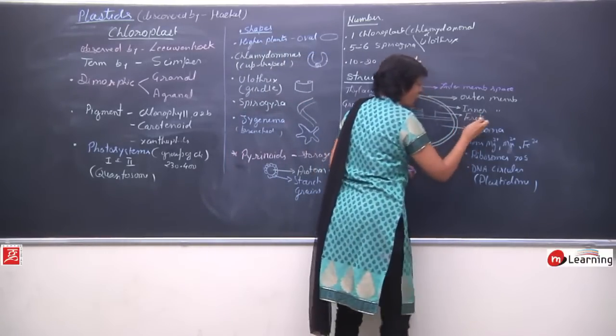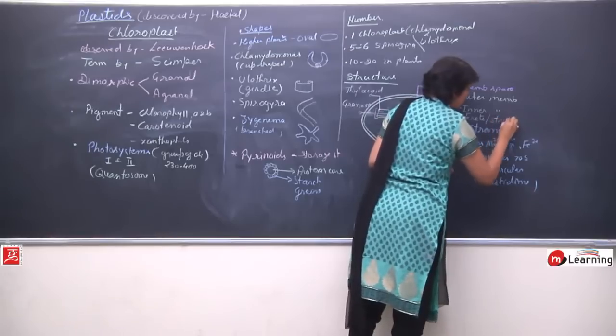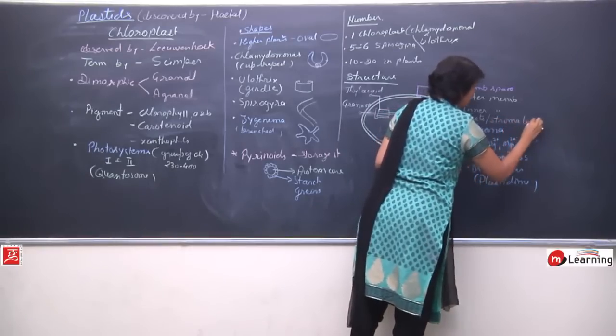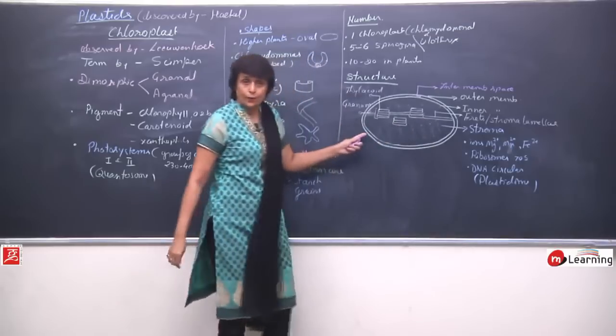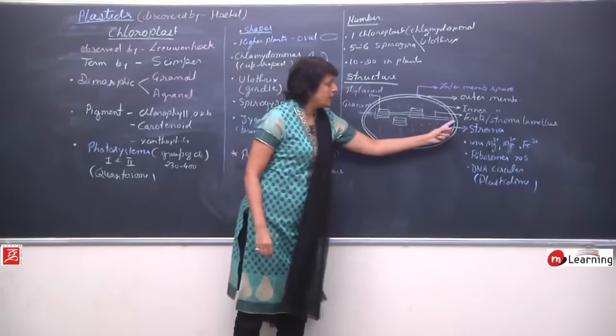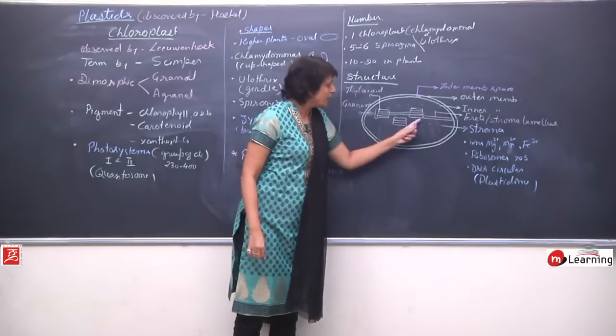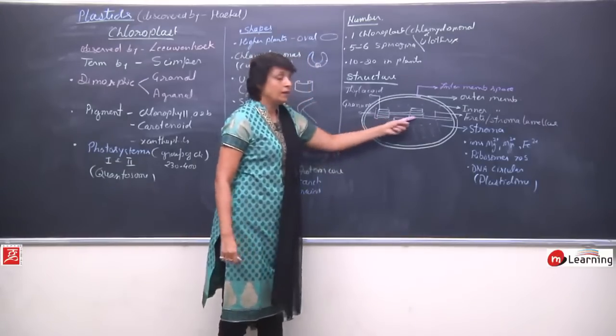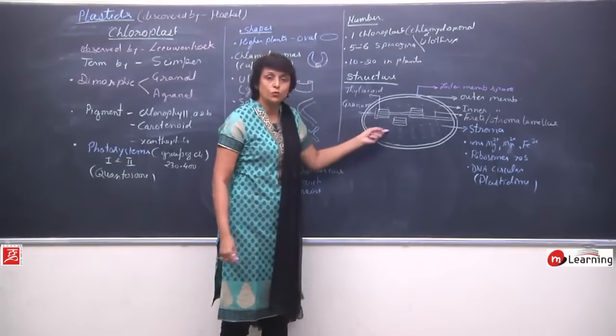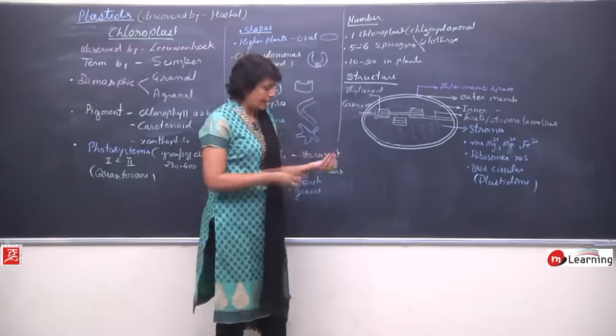Frets or stroma lamellae, these connecting ones. So, at one end they could be connected to the inner membrane, at the other end to the granum, and between adjacent grana or between 2-3 grana also there are connections.